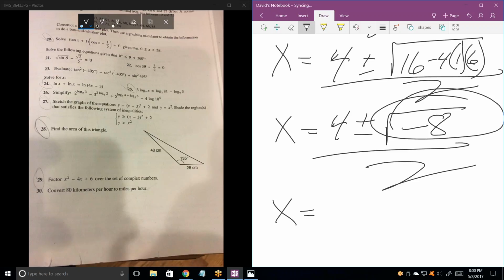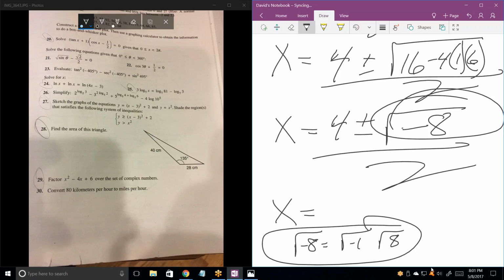I, exactly. In other words, here's why. Because the square root of negative 8 is equal to the square root of negative 1 times the square root of 8, right? That's always the first step you want to make, always. That we know is i. Well, square root of 8 is 2 root 2.